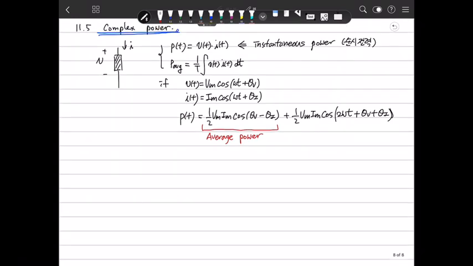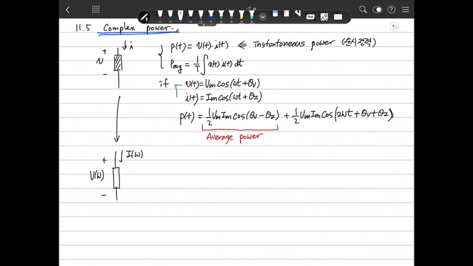In chapter 10, to analyze the sinusoidal AC circuit, we used the phasor. So we redraw this circuit here, with V(omega) and I(omega).